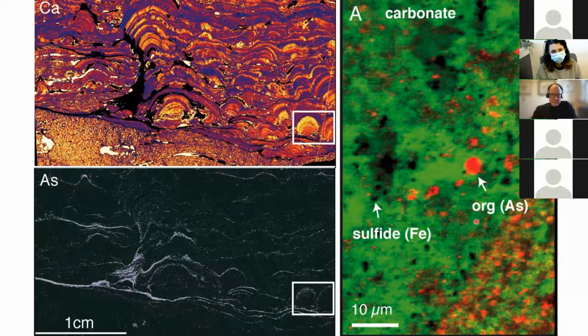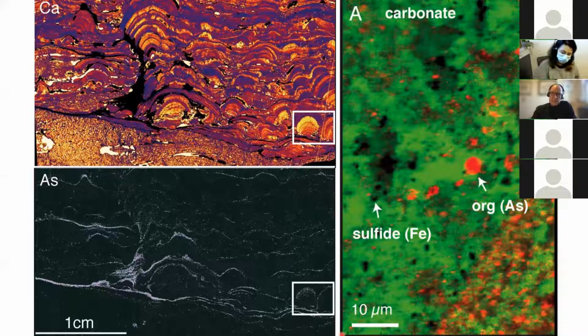Evan Lepot found that there were some organic globules, and these organic globules were actually affiliated with arsenic, whereas the sulfide and the iron were in pyrites, independent of the organic, or away, not in close proximity to the organic globules. So there was some evidence that perhaps this calcium carbonate structure that you see here in this element map could have some relation with arsenic and perhaps arsenic cycling. And that is what we proposed.